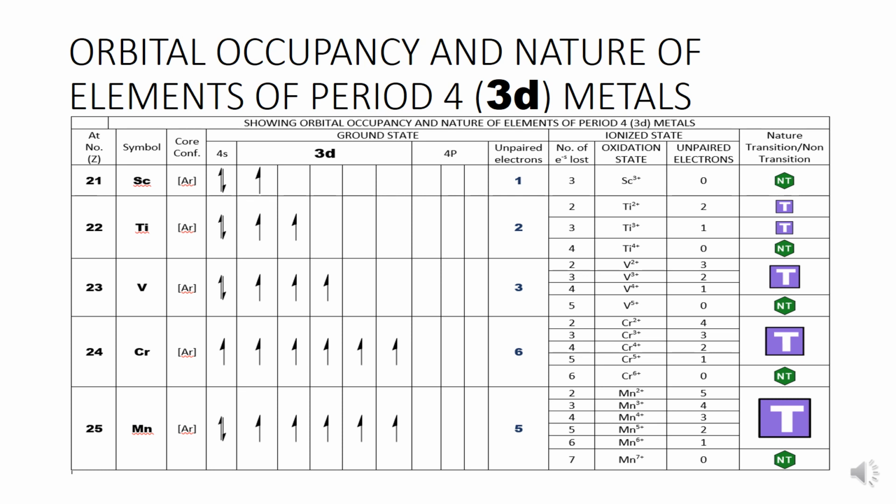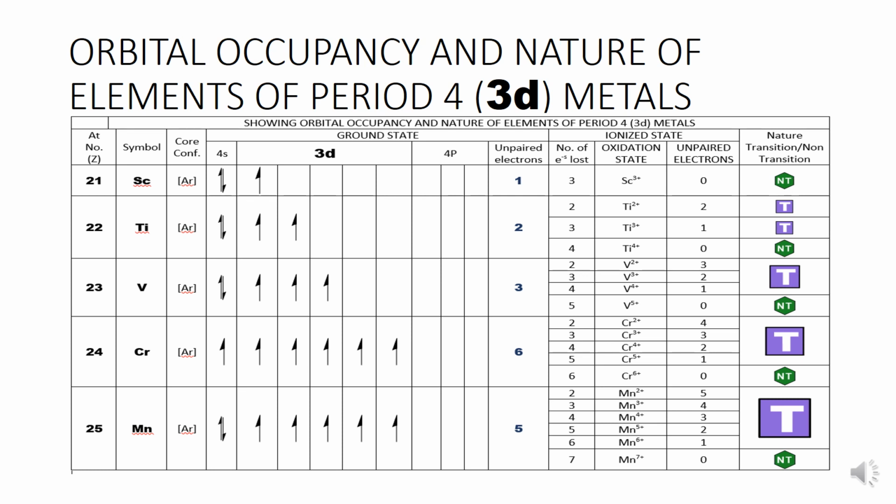But at combination state, when it combines with some other species, scandium is not qualified to be called a transition metal because it shall lose its 3 valence electrons and would not have any unpaired electron to qualify to be called transition metal. That is why on the chart you see us indicating NT, meaning that non-transition.